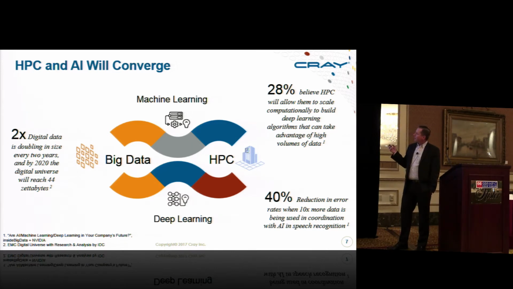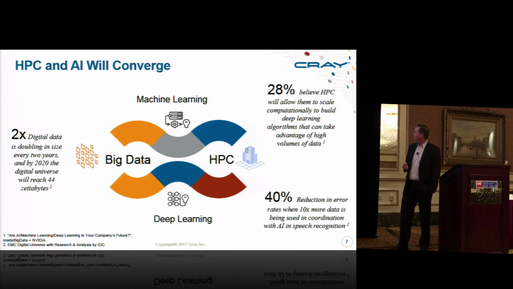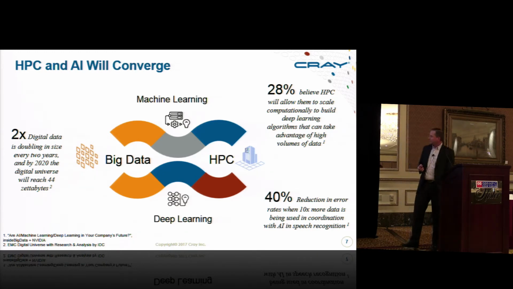There was a study done by the folks at Inside Big Data. They did some surveying and polling and found that 28% of the respondents believe that HPC will allow them to scale computationally and build deep learning algorithms that can take advantage of high volumes of data. So we're starting to see that the user community is seeing the value here.